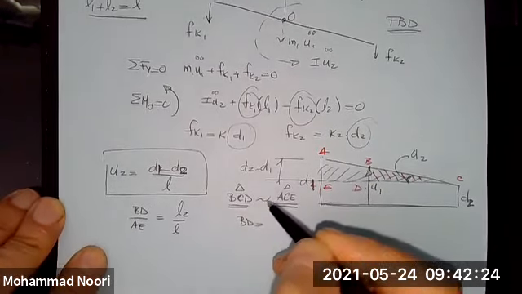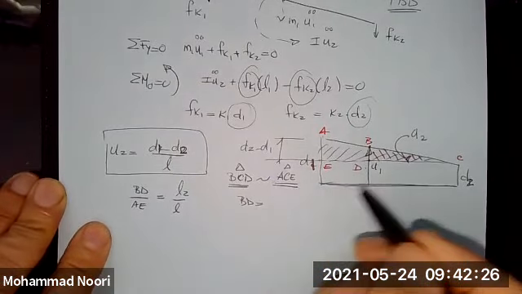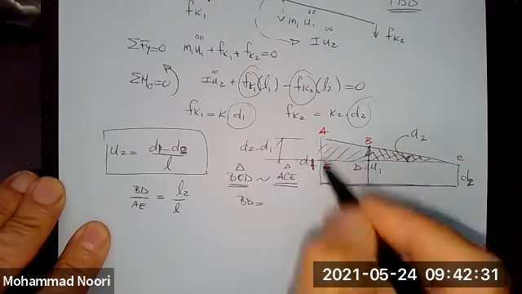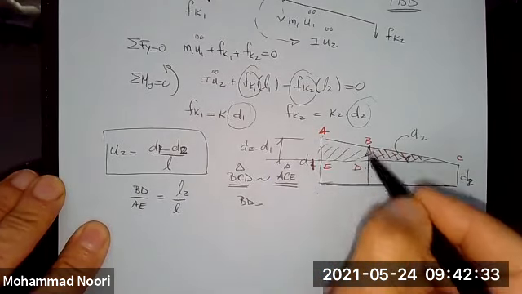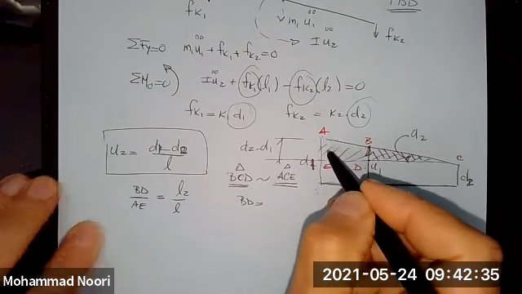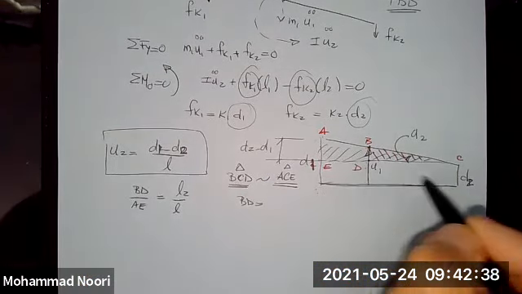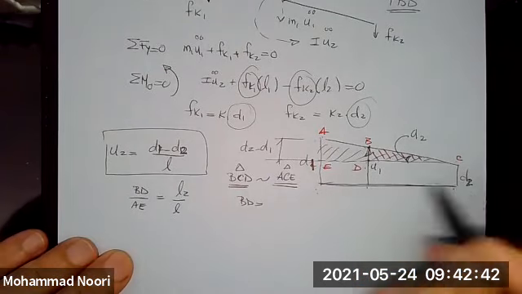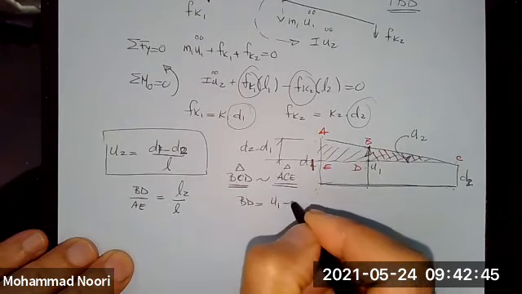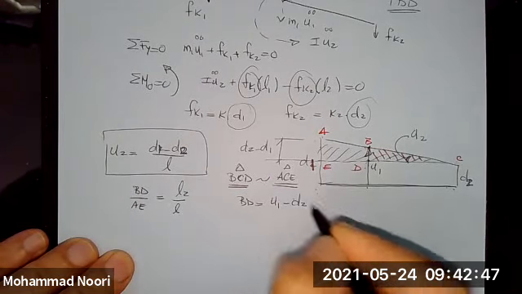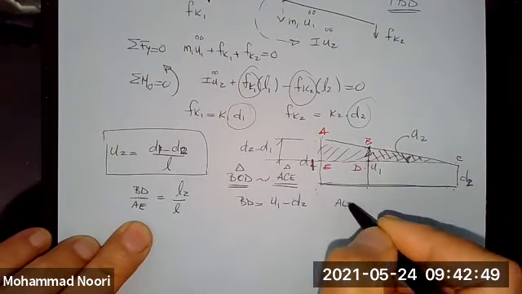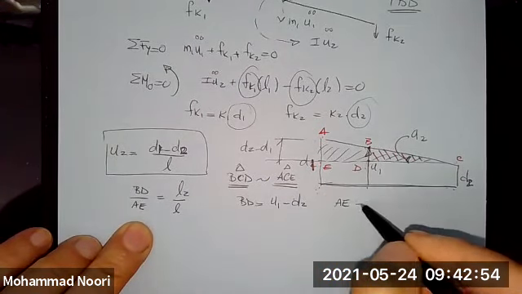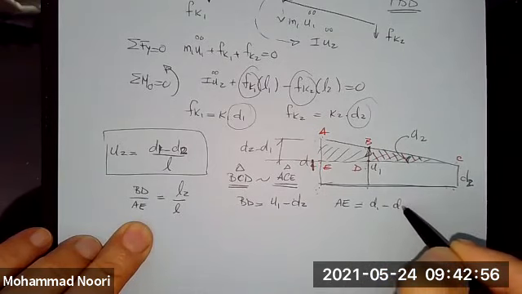BD is U1 minus D2. How about AE? AE is D1 minus D2.